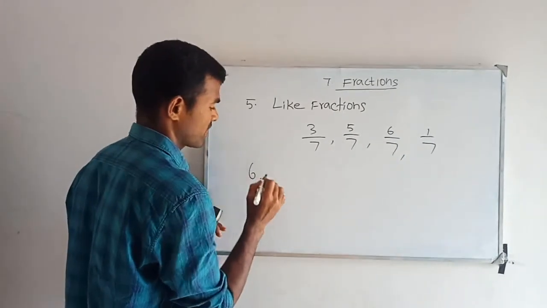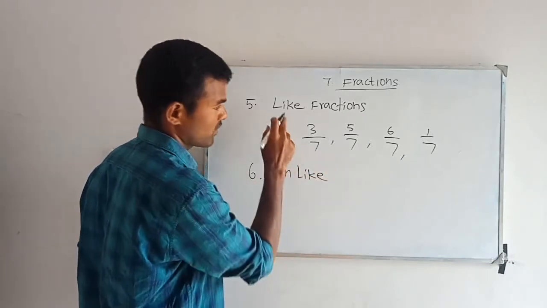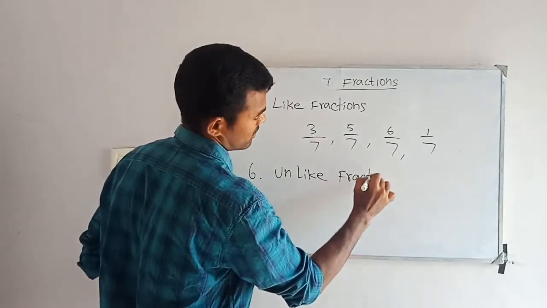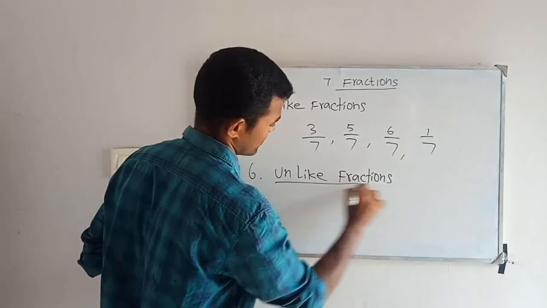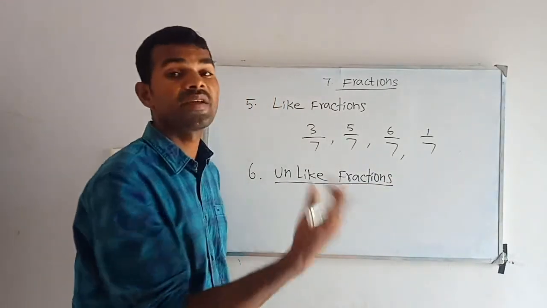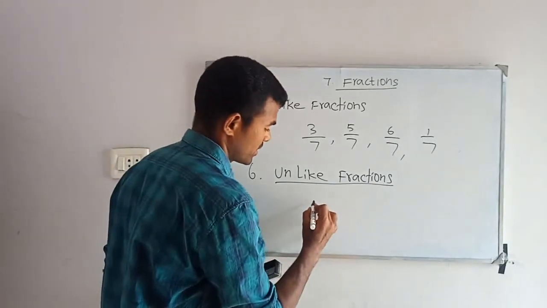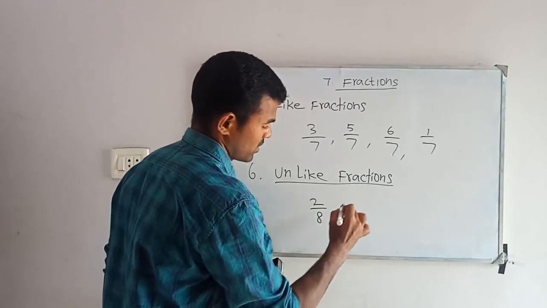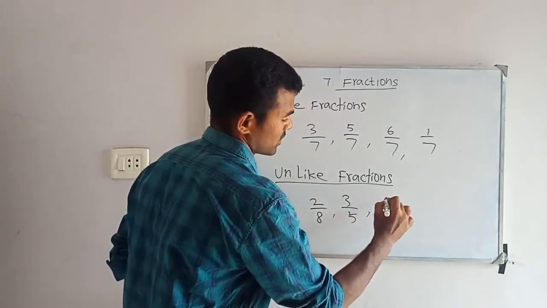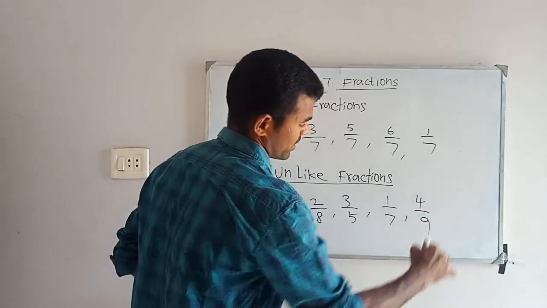And the sixth, last definition is unlike fractions, just opposite to like. An unlike fraction has denominators that are different numbers, not the same. See 2 by 8, 3 by 5, 1 by 7, 4 by 9.